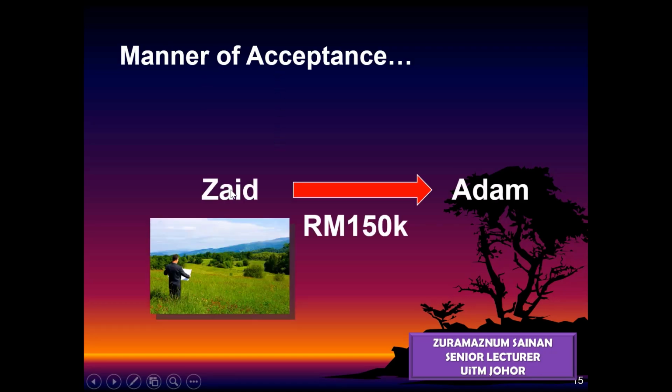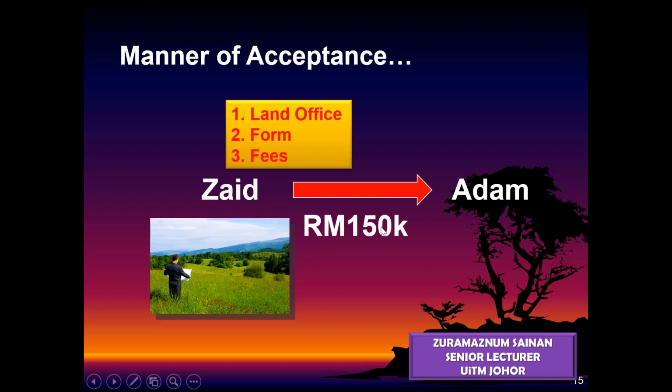Let's say Zaid, who has a piece of land, wants to sell his land to Adam, and he offered to sell the land for 150,000. But in his offer, Zaid mentioned that in order to accept this offer, Adam must first go to the land office, and second, he has to fill in a certain form and pay certain fees.